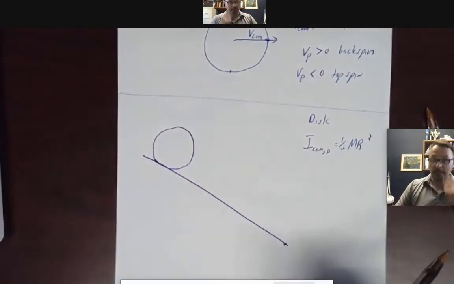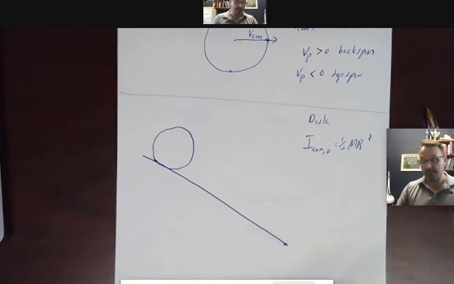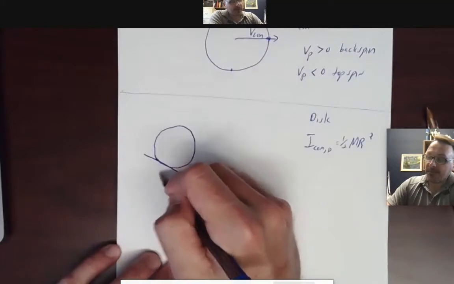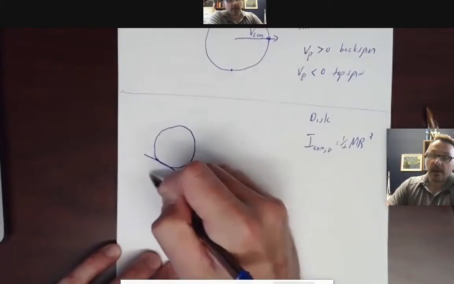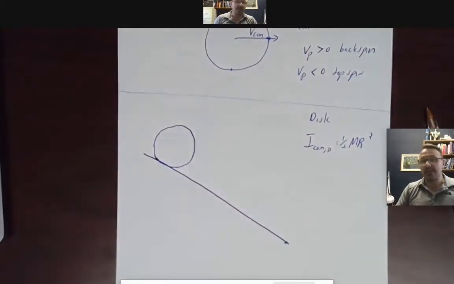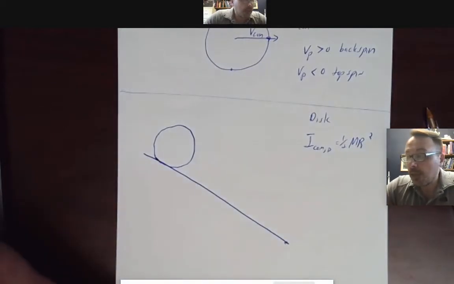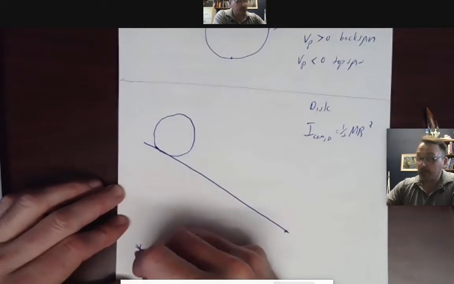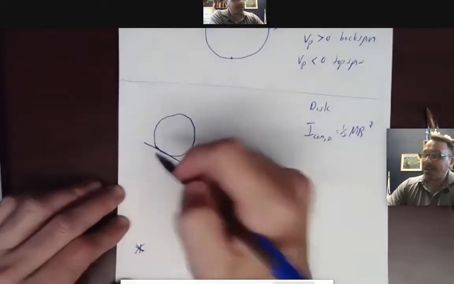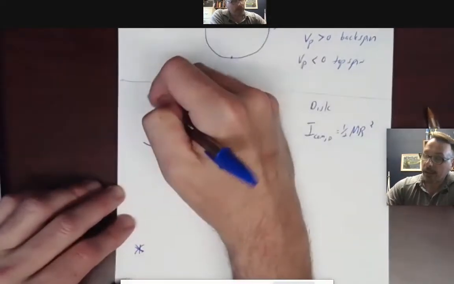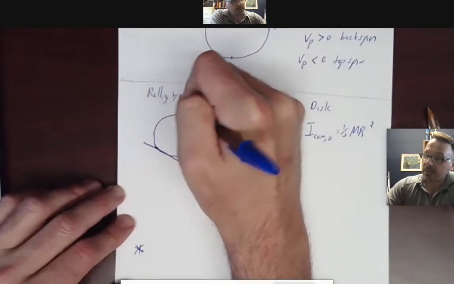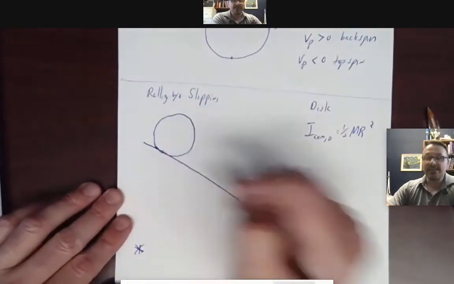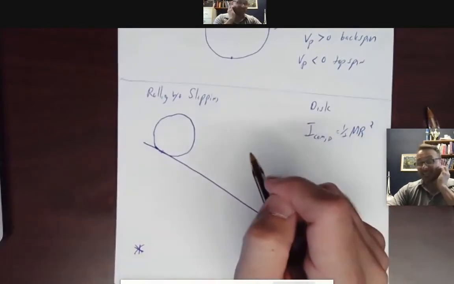So what is it that makes this thing begin to rotate then? Hopefully you're realizing that it's going to be friction at this point, point P, that's going to cause this object to begin to rotate. And so that's going to become an important point. What type of friction? Well, if I'm rolling without slipping, that means this point P is not moving relative to the ground instantaneously.